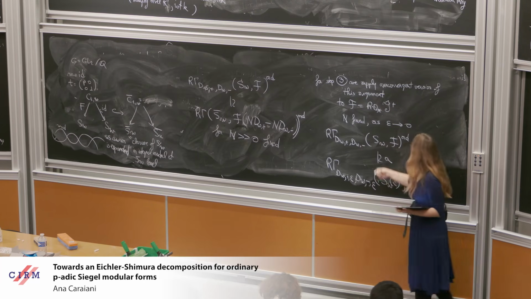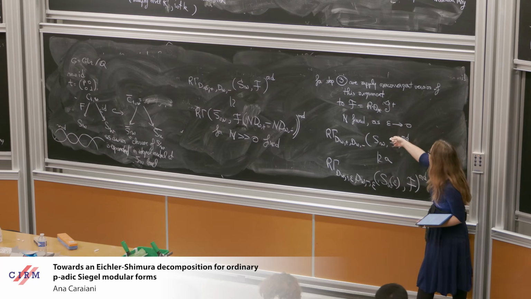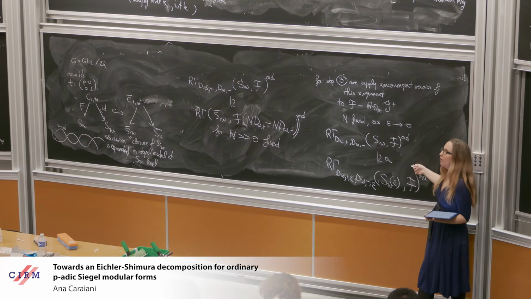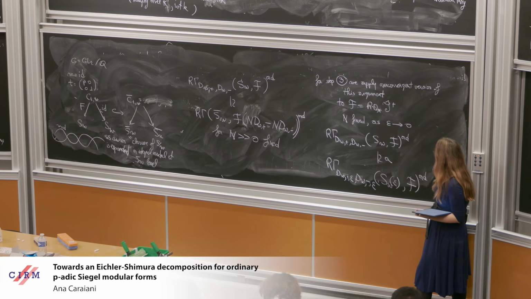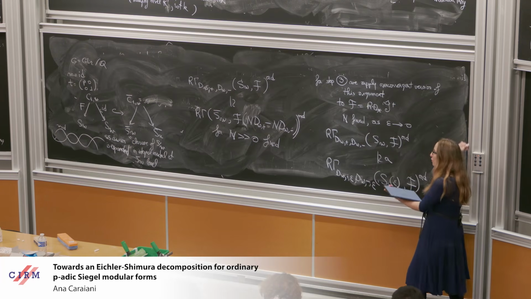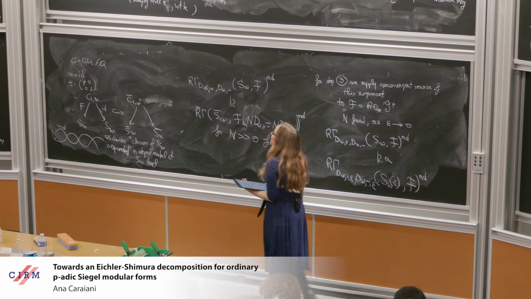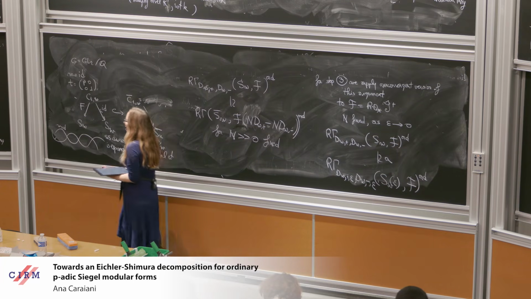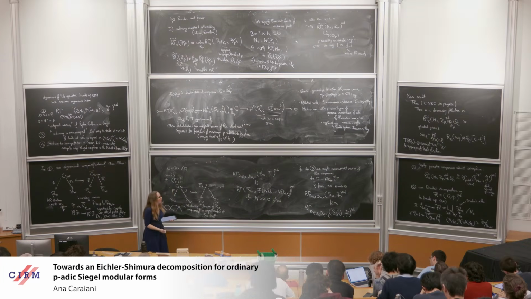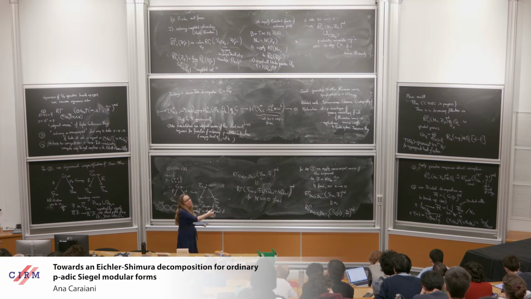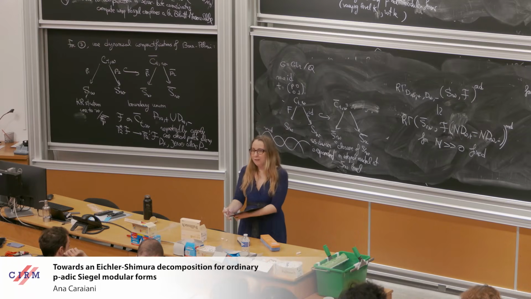But as epsilon goes to 0, I can show that these things are arbitrarily close. So ultimately, you do get an almost isomorphism. You prove everything with almost isomorphisms, and then at the very end, you observe that what you have is built out of perfect complexes over the Iwasawa algebra, and so you can prove an isomorphism on the nose at the very end. All right, thanks for your attention.